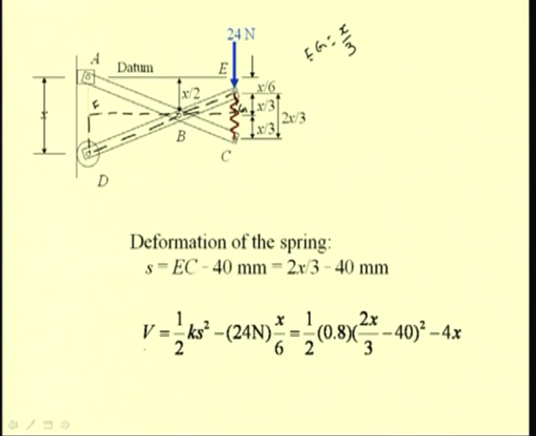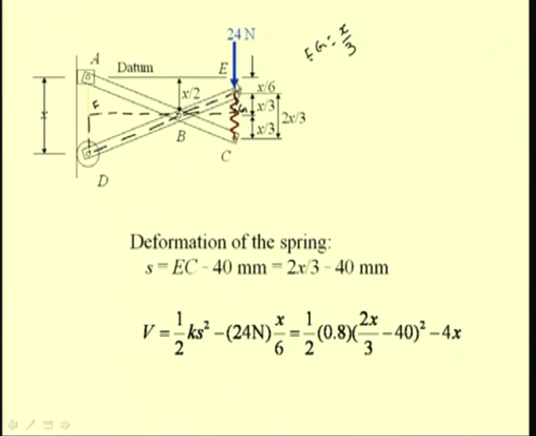So, the potential energy associated with the spring is given by half k into stretch of the spring square, minus the potential energy or the work done by this conservative force, 24 Newton force.